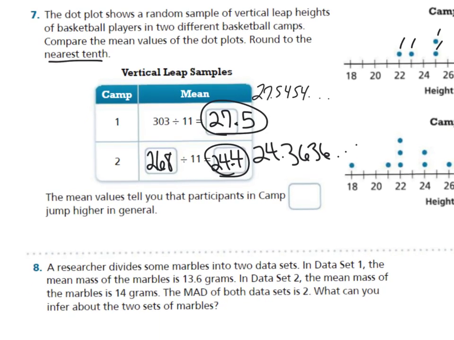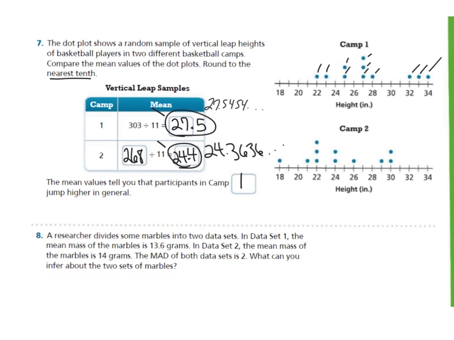Then the question at the end, mean values tell you that participants in camp blank jump higher in general. So 27.5 inches versus 24.4 inches. Camp 1 generally jumps higher. Again, that's not to say everybody jumps higher, but if we look at the mean, that's what it is.